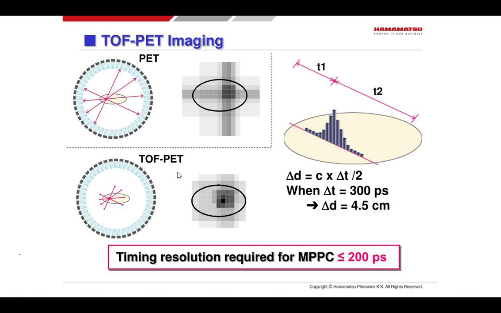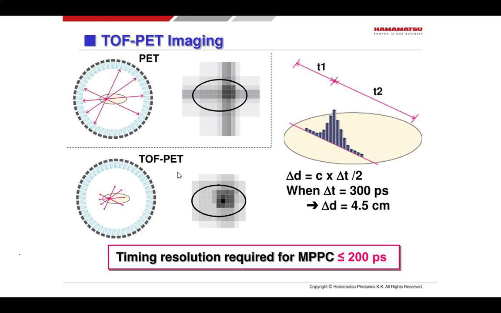So speed of light times time divided by 2 gives me my delta window. So if you're within 100 picoseconds, then 100 picoseconds times the speed of light divided by 2 gives you that half an inch all around it. And I can narrow it down to that region.